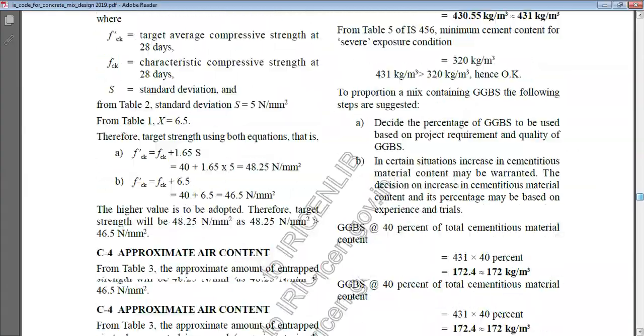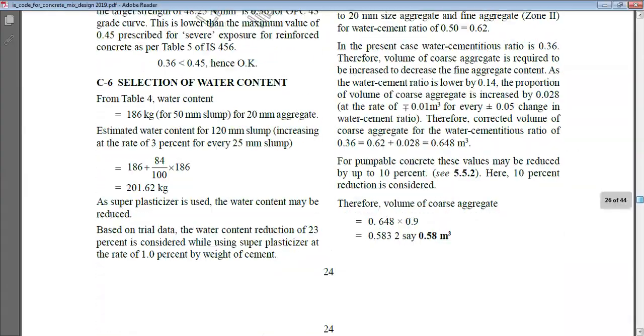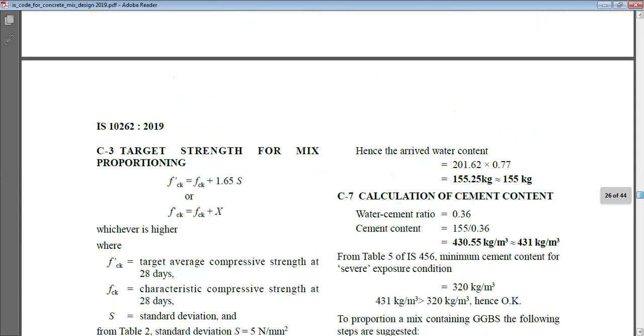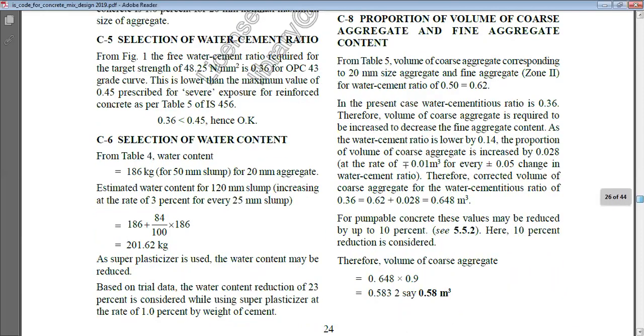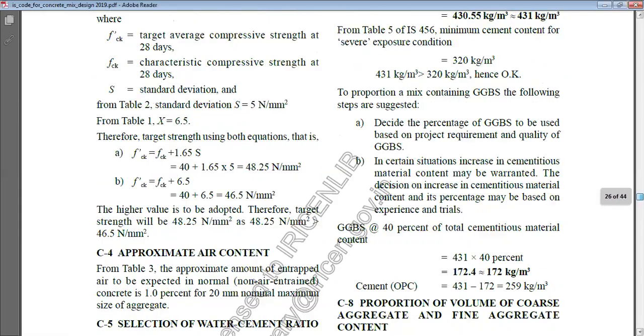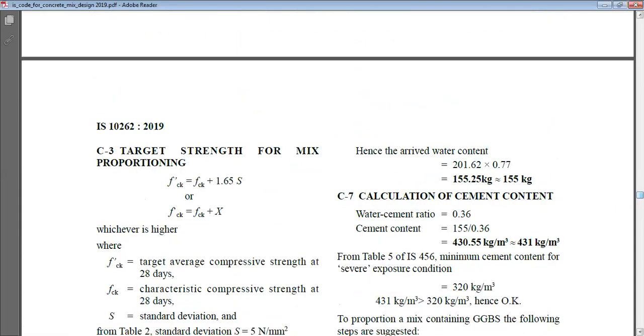In this problem, we are also using a chemical admixture, hence 1% of chemical admixture is going to be used in the trial mixes. Usually the dosage will be around 1 to 1.5%. If you are using a chemical admixture, you need to decrease the water.